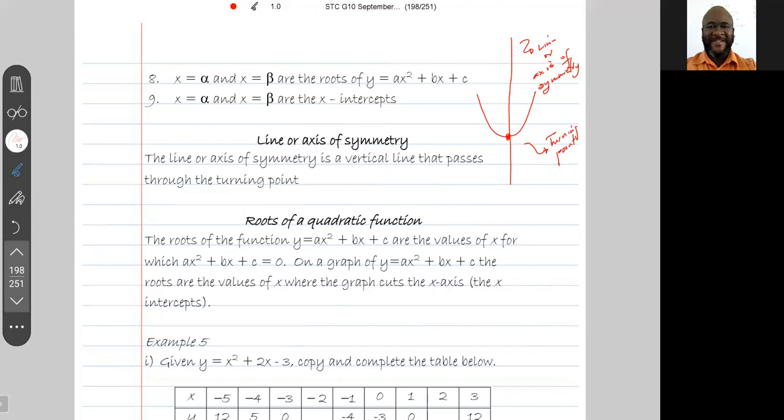All right. Now, the roots of the function y is equal to ax squared plus bx plus c are the values of x for which ax squared plus bx plus c is equal to 0.